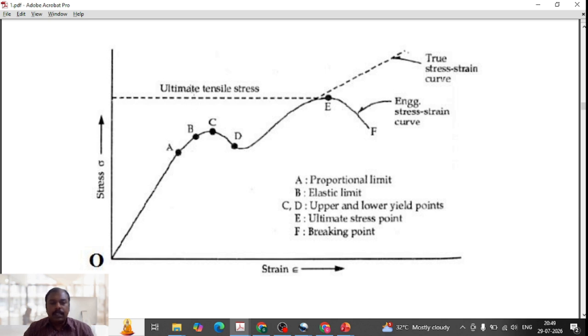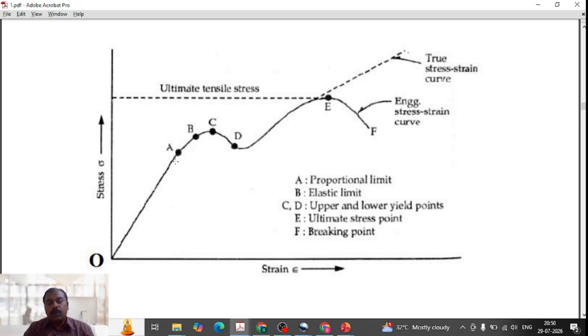If the elastic limit is crossed, then it goes to a region called the plastic region. The difference between the elastic region and the plastic region is: if a material is loaded within the elastic limit and the load is removed, the material is capable of regaining its original shape, and that region is called the elastic region.